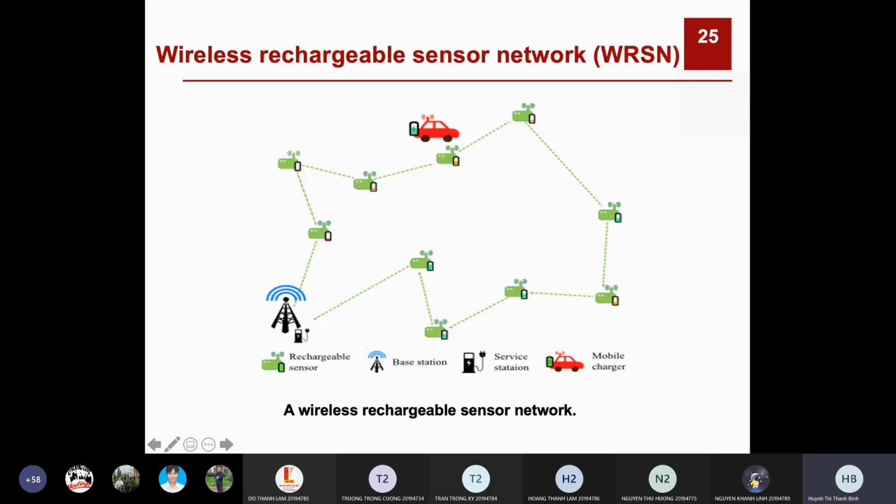There is the car, the mobile charger, in this picture, one base station, and some sensor nodes in green color and a service station. And the question is how to make the schedule for the mobile charger to go around the wireless sensor network to provide energy for the sensors, to avoid running out of energy at each sensor node.